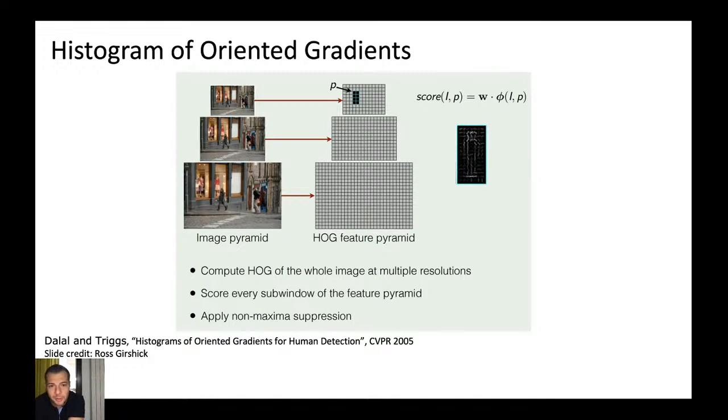So in this approach, to detect people in images, we take an image pyramid. We have the original input image, we take the image at different resolutions, we extract the HOG feature pyramid, which is the HOG features corresponding to each image level, and then we apply a sliding window on top of this HOG feature pyramid in order to detect people.